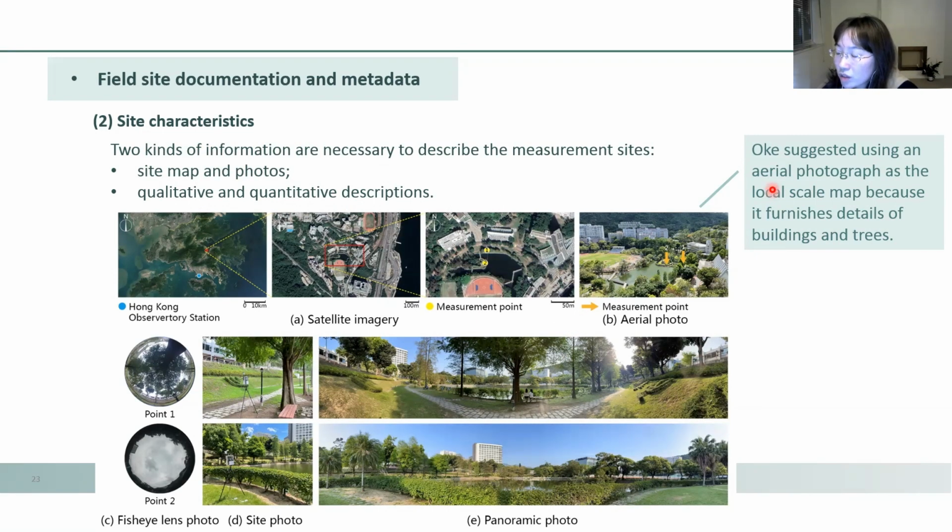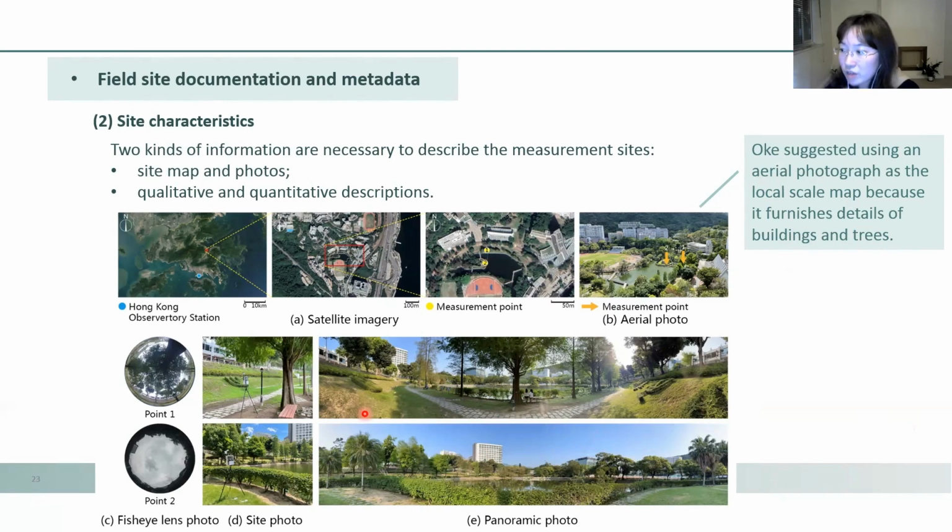And in TROP's guideline, he suggests using an aerial photograph as the local scale map because it can furnish details of buildings and trees. The site photos, including panoramic photos, can provide a perspective view, supplementing details at the pedestrian level.